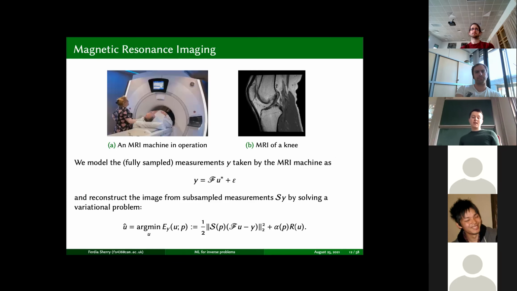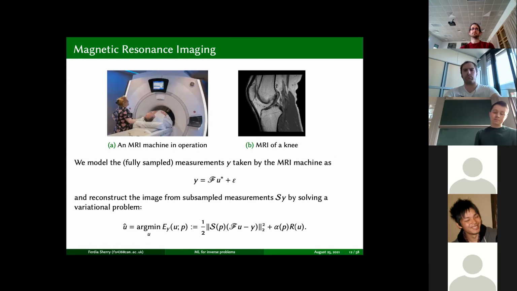Like I said, we're looking at the problem of trying to learn the sampling pattern for MRI. In magnetic resonance imaging, or MRI, a combination of a strong magnet and smaller controllable magnets are used to essentially take samples of the Fourier transform of the ground truth image that you want to recover.